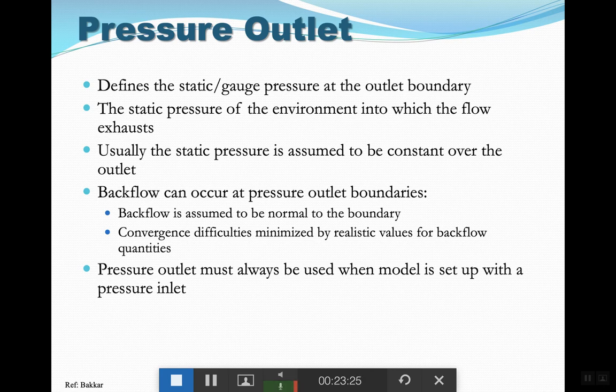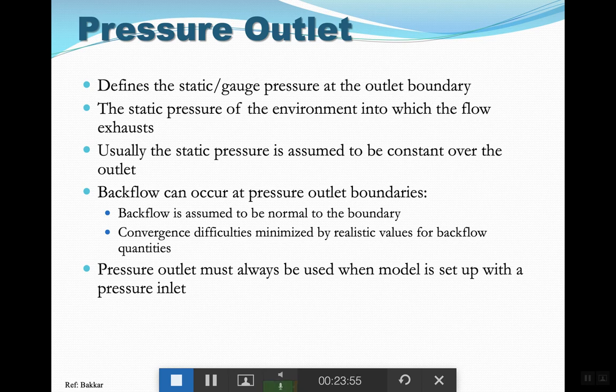So all the downstream cells get their information from upstream cells because the flow is coming from upstream to downstream. Now imagine at the outlet, at some parts, the flow goes the other way. It comes from outside to the inside. So you need to provide some information from the outside for the solution to be complete.